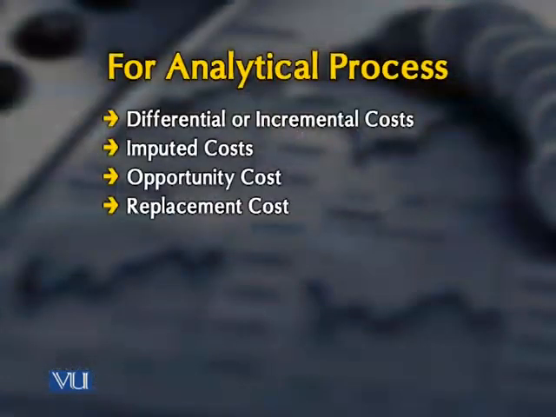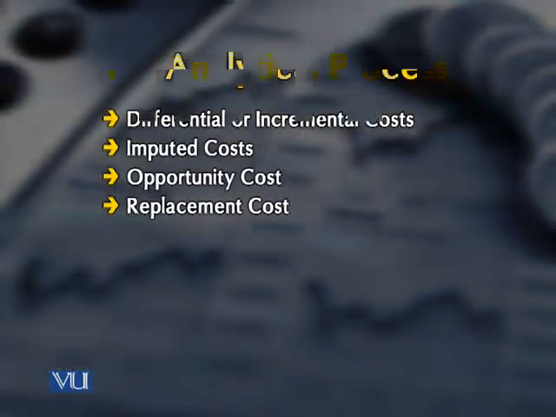Then we have replacement cost. Replacement cost simply means that if you have something today and you want to replace it with something else, whatever cost you pay to replace the existing one will also be considered. For example, you got material today costing, let's say, 10 rupees a unit.